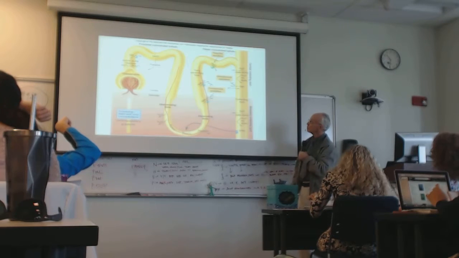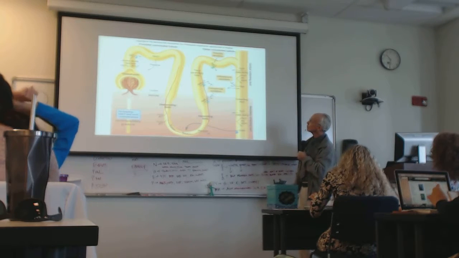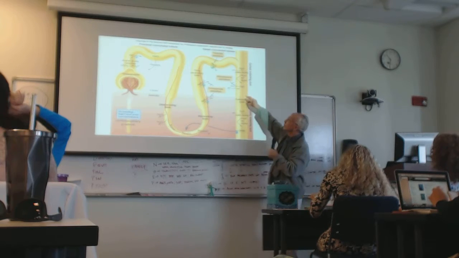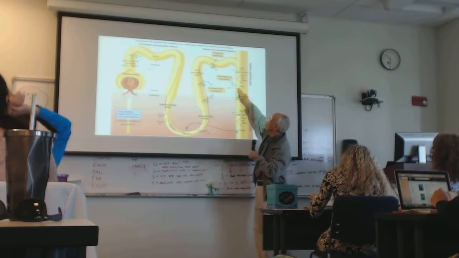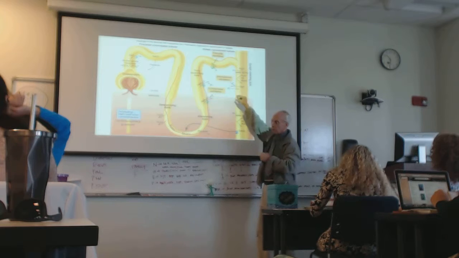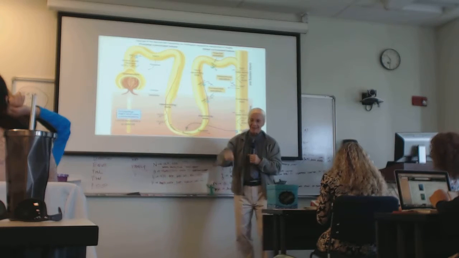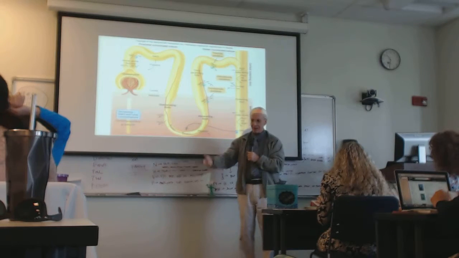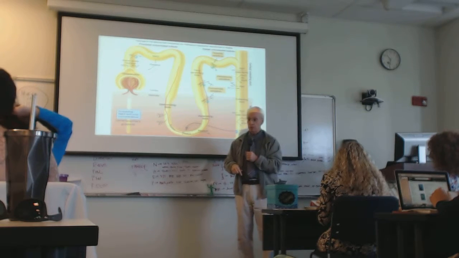So aldosterone blocks the... No, this is just aldosterone. All right, so what we're going to learn is that both aldosterone and ADH are antidiuretics. So what does that mean? They're increasing or decreasing the volume of the urine? Decreasing.